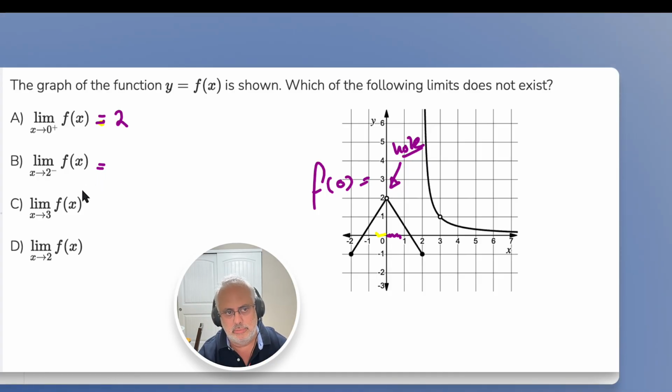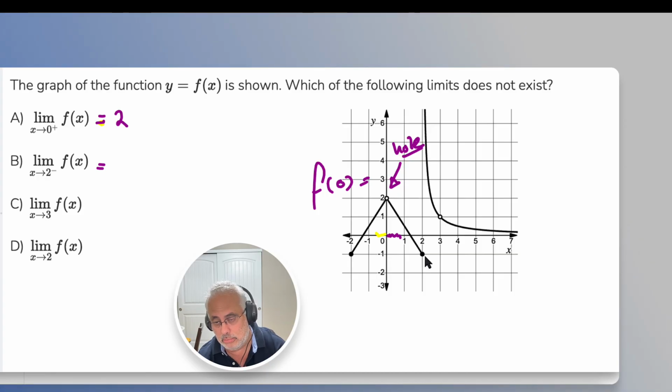Second choice, the other critical x value is 2. So I'm going to go over here. We are not worried about what happened to the function at f of 2. We know that f of 2 is right here. But this is not the problem right now. The problem is what happened to the left of number 2.